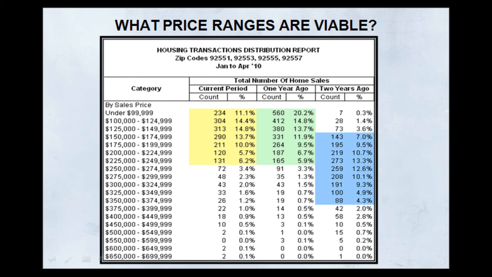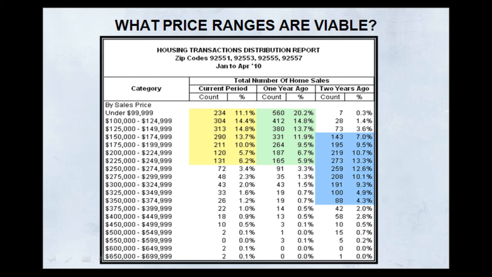This is a market that several years ago was driven by larger homes that generated higher residual values. Those are obviously no longer viable, and the market has condensed itself back into the lowest possible price points.